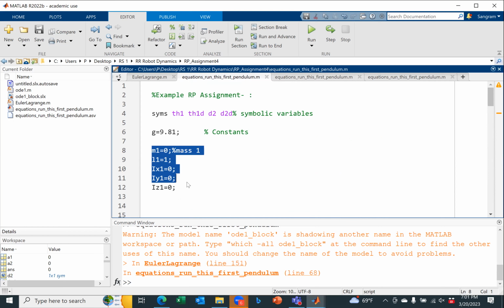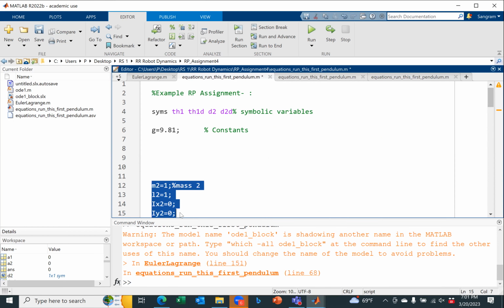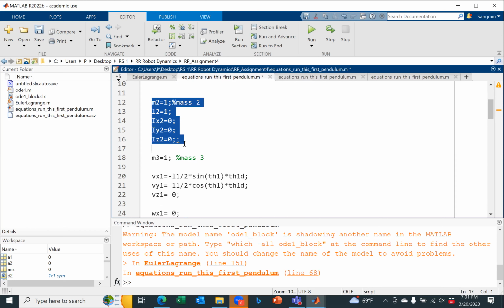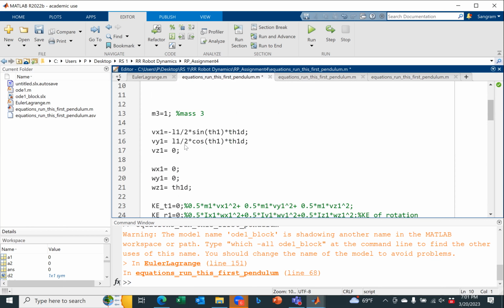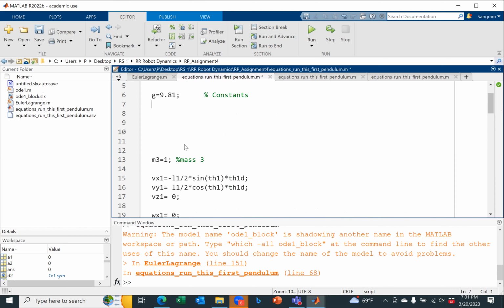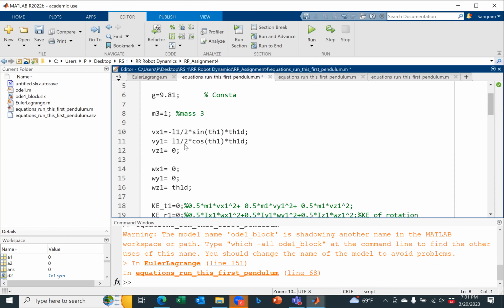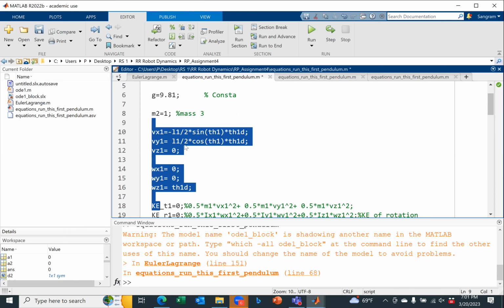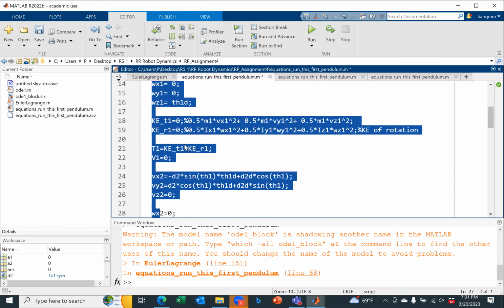There is nothing here, so all the masses are 0. And I'm going to call this m2 is equal to 1. I will ignore everything.